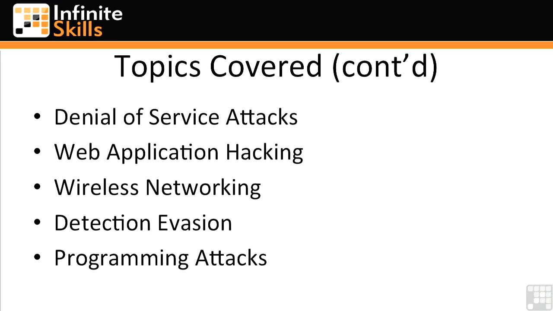We are going to talk a little bit about detection evasion. And to be honest with you, detection evasion kind of comes up in a lot of different areas through many of the topics. We're also going to talk about programming attacks and how to protect against and prevent programming attacks.